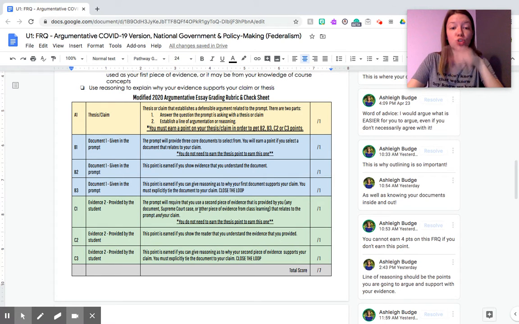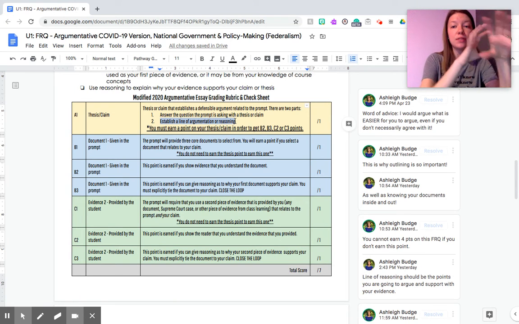Now, just like the original argumentative essay, this has not changed, and this is the most crucial point. I will say that again. This is the most important point that you must earn, and that is your thesis, okay? For this, you need to establish a defensible argument that is related to the prompt, and there are 2 parts to this. You have to answer the question, and you have to establish a line of reasoning.